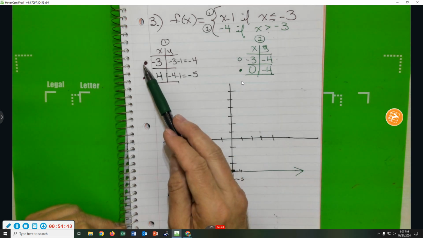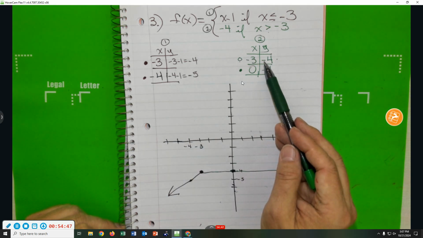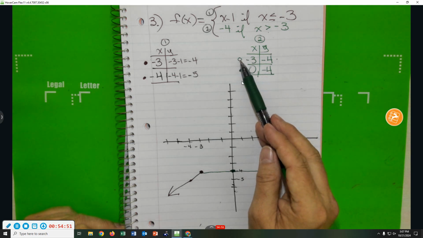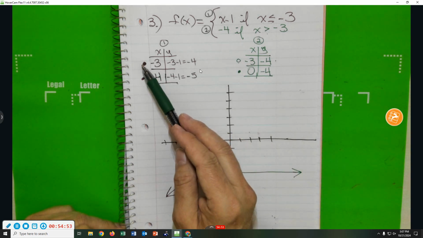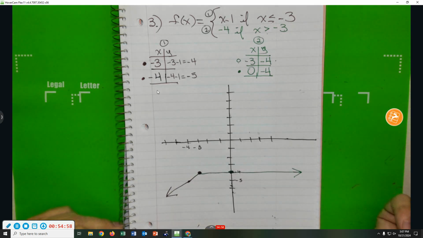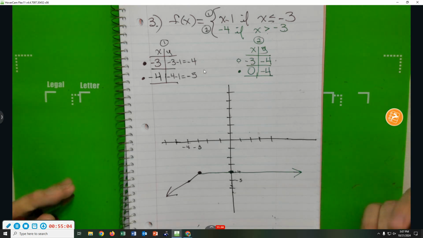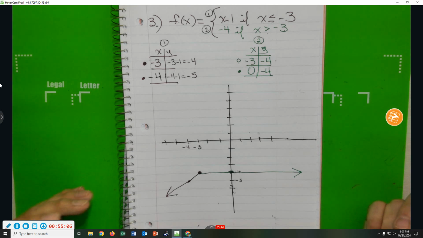The closed circle says this ordered pair is on the graph. Negative 3, negative 4 is not on the graph for the green piece, but it is on the graph for the brown piece. Any questions on our logic there? If you have an open and a closed circle appearing at the same point, you use a closed circle.